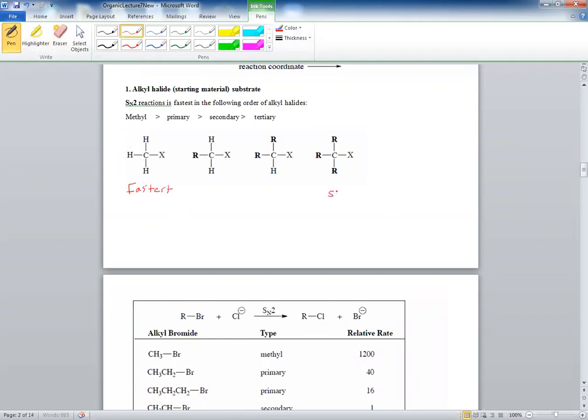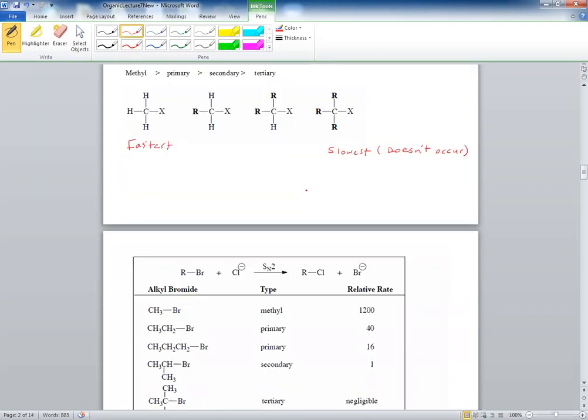And this would be the slowest. In fact, it actually does not occur. So in SN2, starts with methyl, that would be your fastest, and then it goes to tertiary, almost does not occur, as you will see right here.